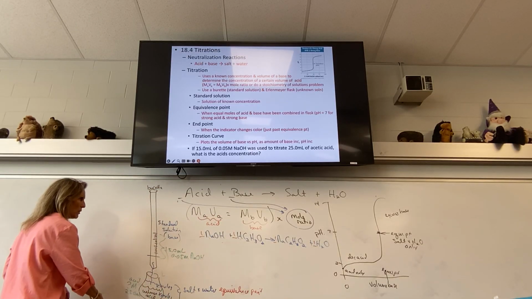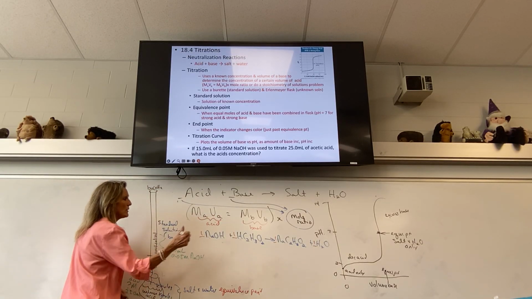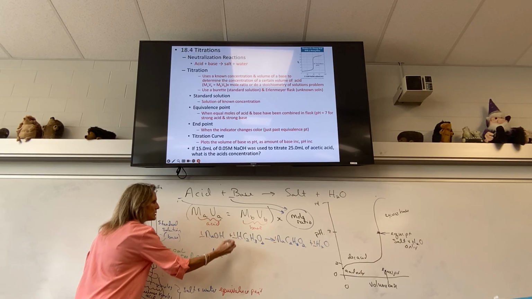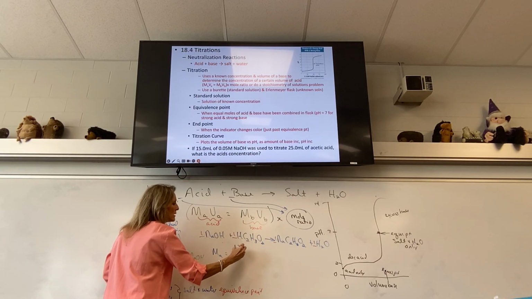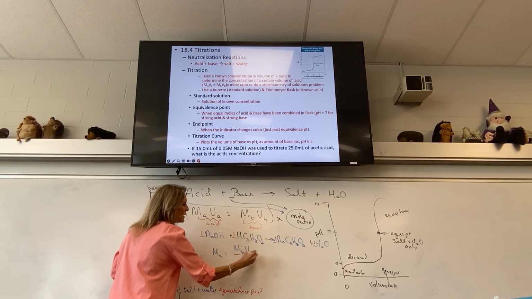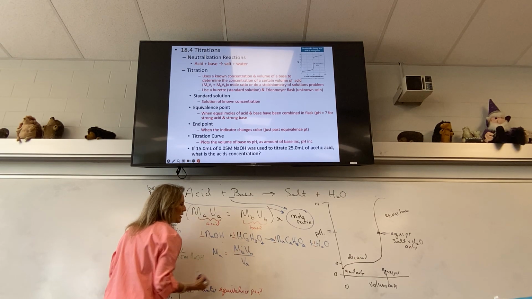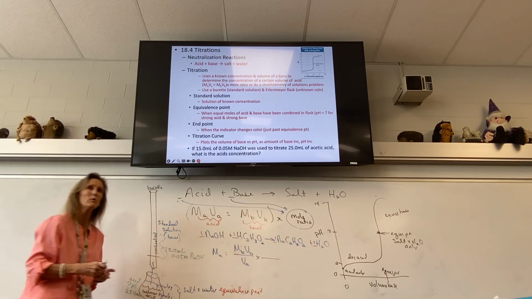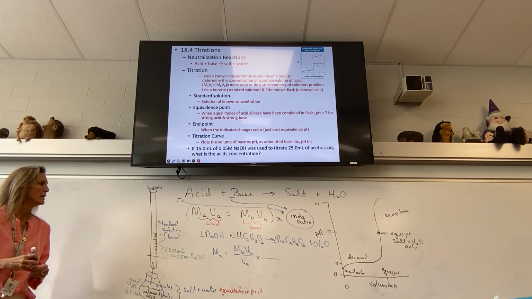So we're solving for molarity of acid. So we're going to do MB times VB over our volume of acid. And again, technically, we have to multiply by the mole ratio.